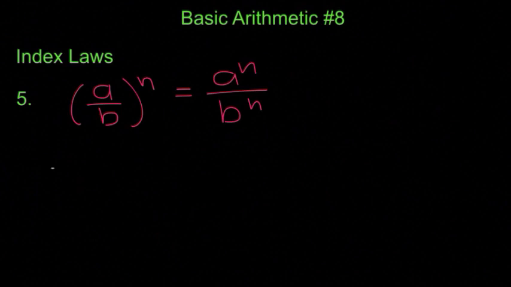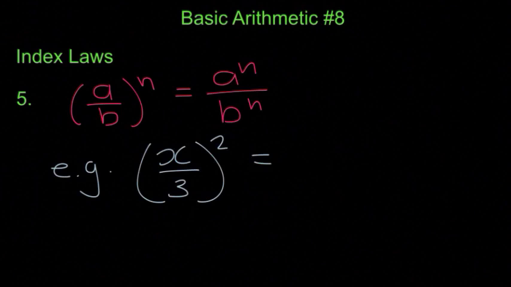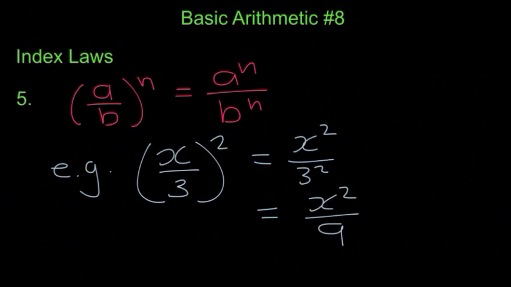So our example this time might be x over 3, and that's all squared. And when we expand the brackets, we'll have x squared over 3 squared. And if we evaluate the 3 squared, we'll end up having x squared over 9.